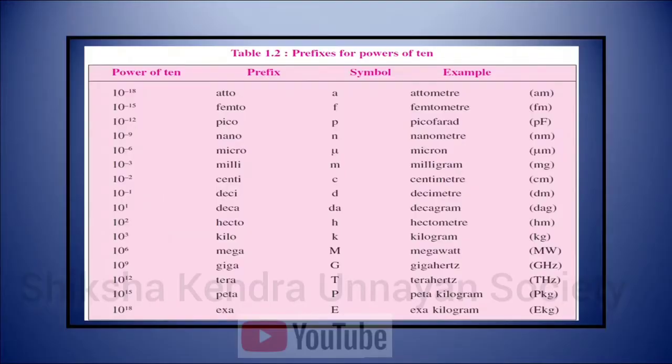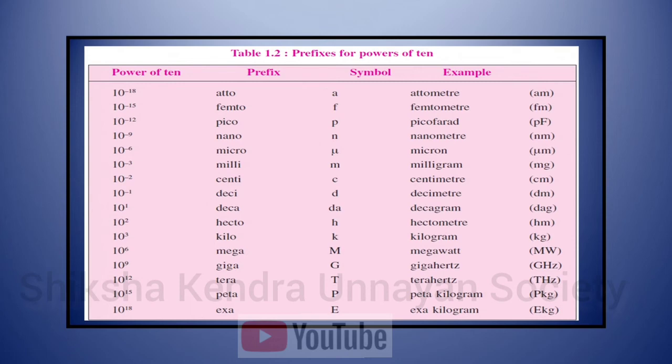Smaller and larger units of the base units, which are submultiples and multiples of 10, are given special names. You can see the list from the table on your screen. Here there are many submultiples and multiples of units and their prefixes. For example, atto is taken as 10 to the power minus 18, femto 10 to the power minus 15, pico 10 to the power minus 12.